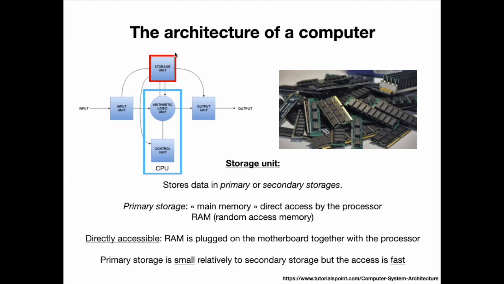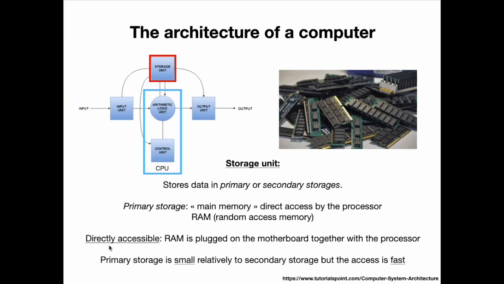A second unit of interest is the storage unit. In the computer there are basically two types of storage. One is called the primary storage, and the second one is simply called the secondary storage. The primary storage, or the main memory, is the memory which is directly accessed by the processor. It's basically what we call the RAM, random access memory.